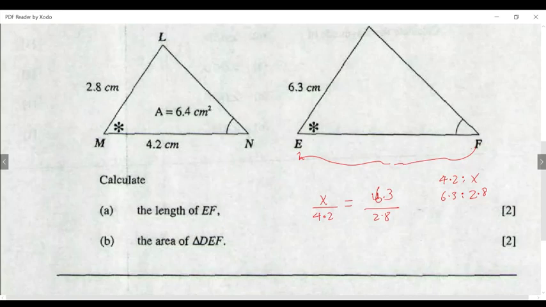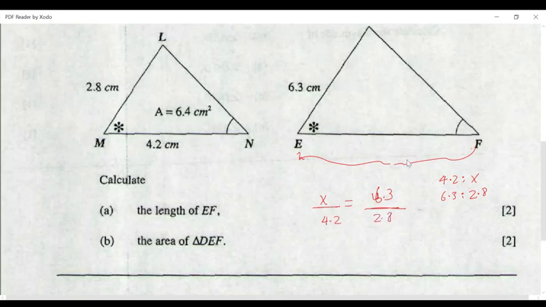So if you were to divide here, oh, sorry, I made a slight mistake. So I'm comparing x to 6.3 as 4.2 is to 2.8.